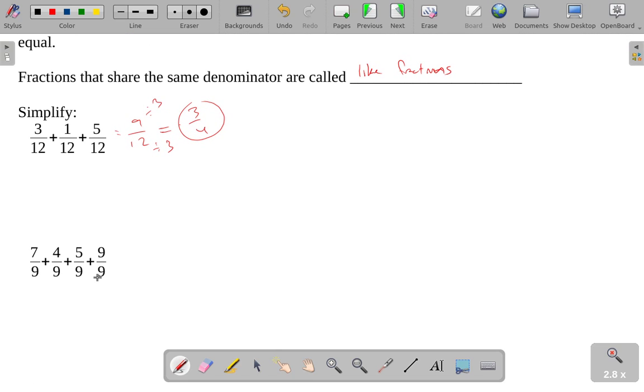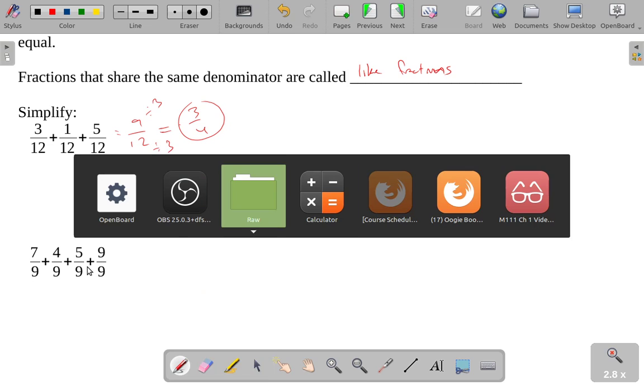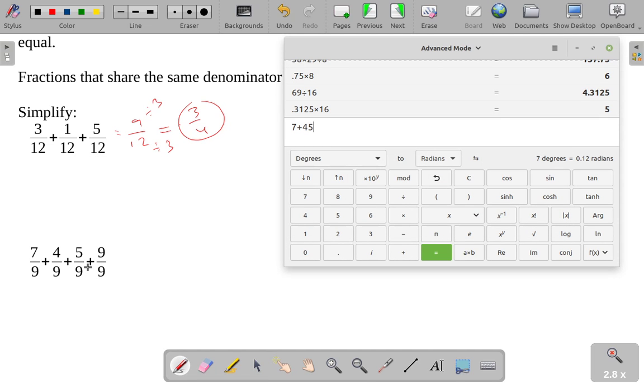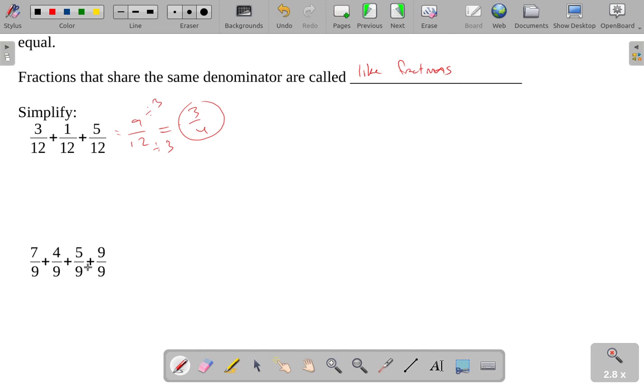On this one, they're all some number of ninths on the bottom, so I would add all those top parts together, and plus 4 plus 9, that gives me 25 ninths. And I don't see any reason to convert this to a mixed number.